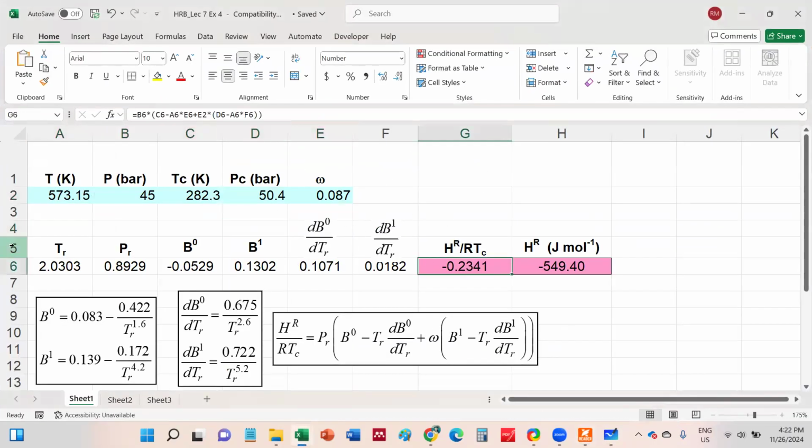I inputted the inlet conditions and the critical properties, and then this calculator gave me the residual property. So let's write the answers in our whiteboard.